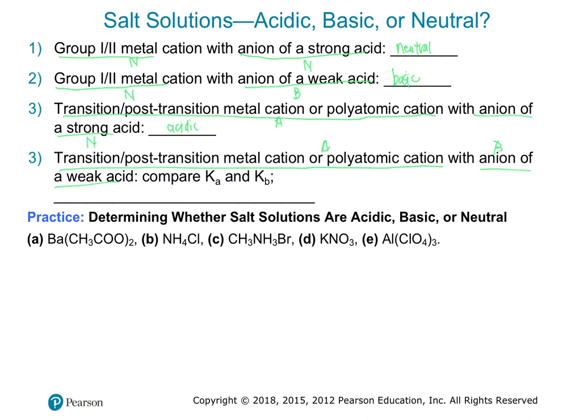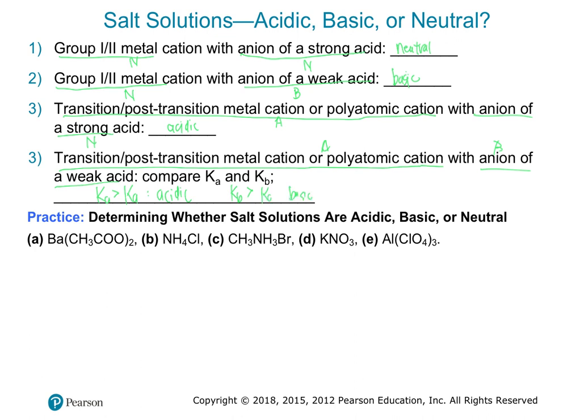Then basically we have to compare the Ka of the cation to the Kb of the anion, and whichever is greater will tell you what the salt is. So if Ka is greater than the Kb of the base, then it will be acidic. If Kb is greater than the Ka, then it will be basic.